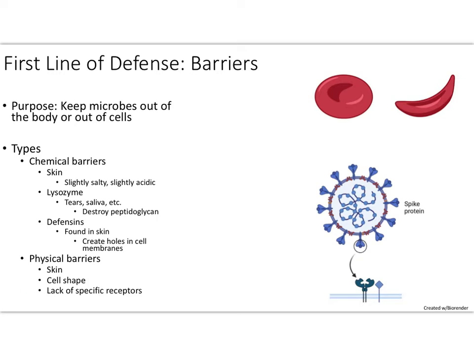The shape of our cells and lacking certain types of receptors can also be barriers. Many microbes need to actually be inside, not just our bodies, but inside specific cells to be able to do damage. One great example of this is the protozoan that causes malaria.